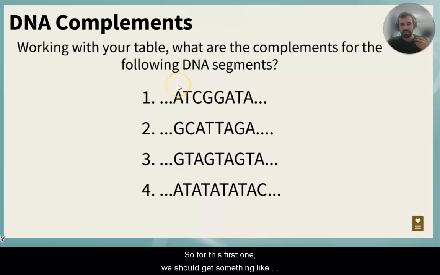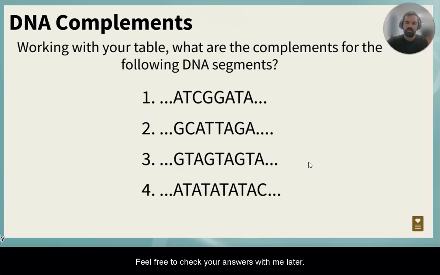So for this first one, we should get something like T, A, G, C, C, T, A, T. So work through the rest of these on your own. Feel free to check your answers with me later.